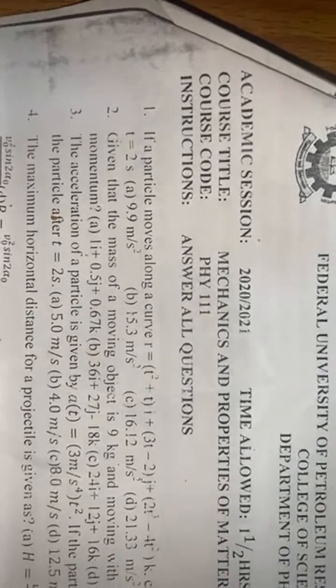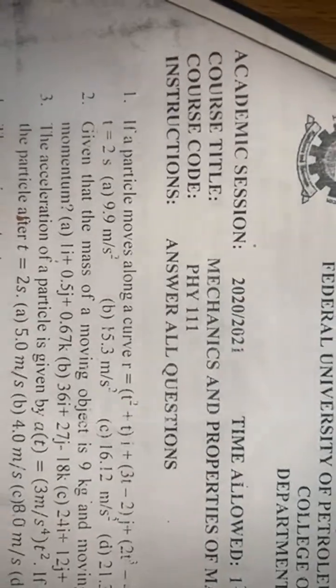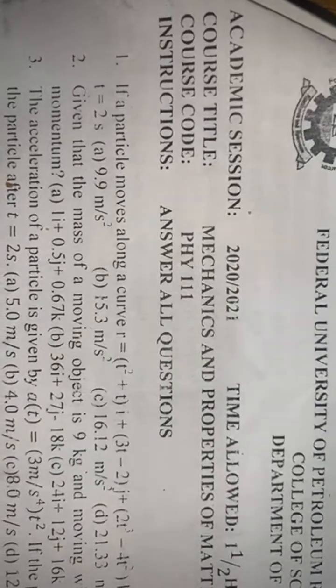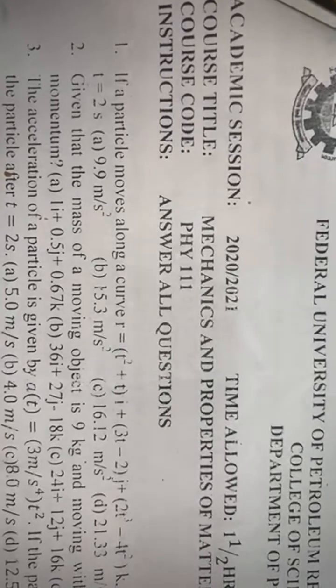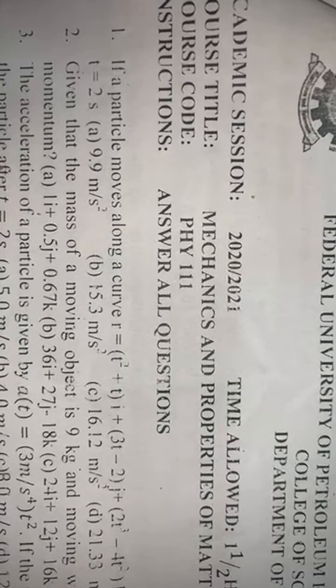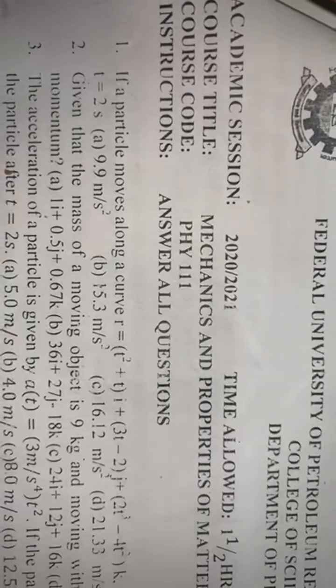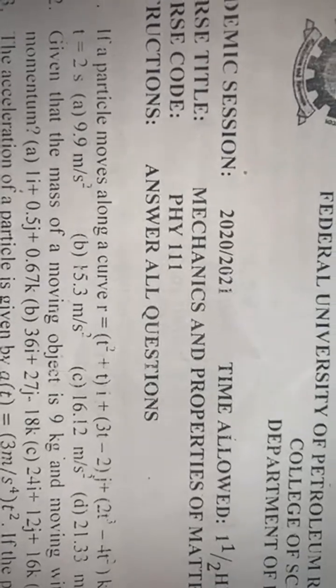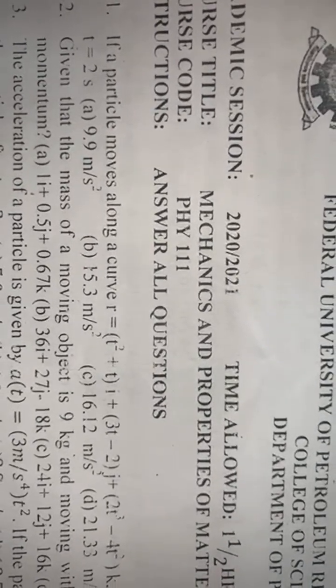if a particle moves along a curve, and then you're having r equal to t squared plus t i plus 3t minus 2 j plus 2t cubed minus 4t squared k.